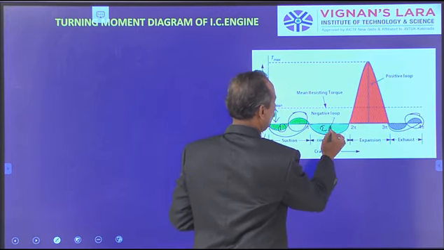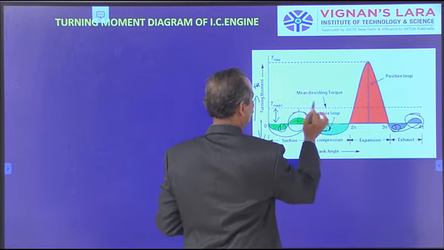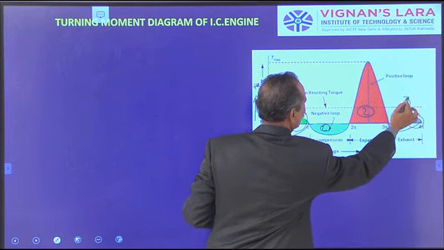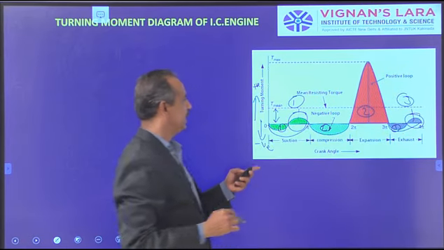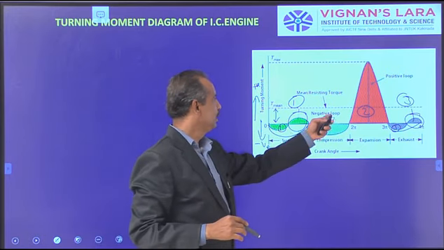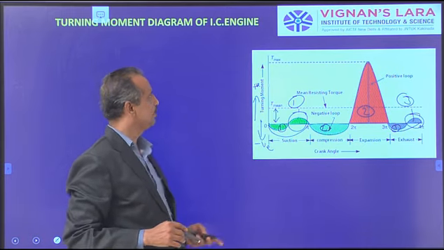The summation of these 3 positive areas and these 3 negative areas divided by 4 pi gives a constant torque, that is a mean torque, T mean.